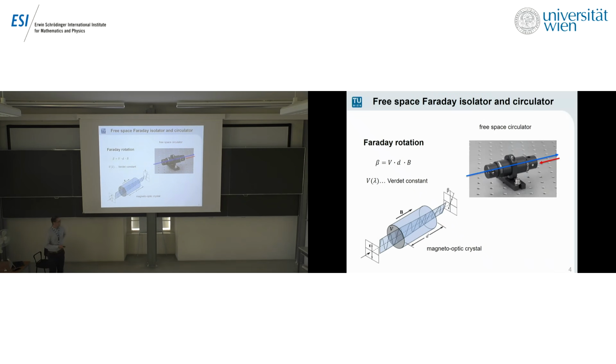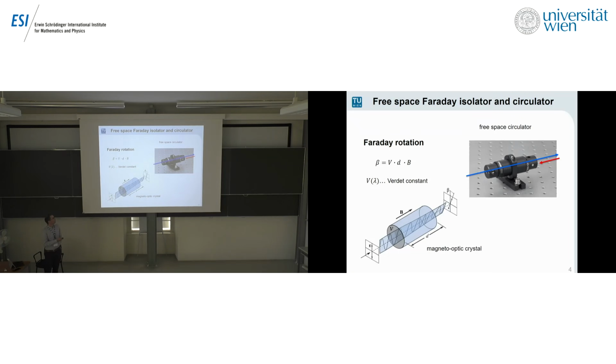All these free space isolators are based on the Faraday rotation, where you take some magneto-optical crystal and bias it with a strong magnetic field. If you send linearly polarized light through this magneto-optical crystal, the polarization will rotate.